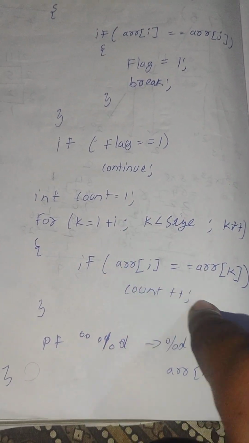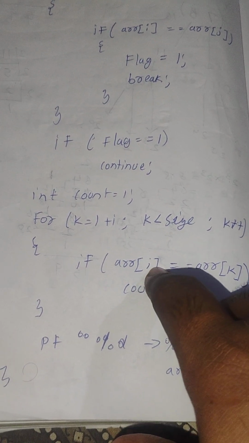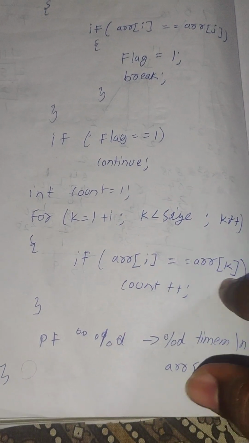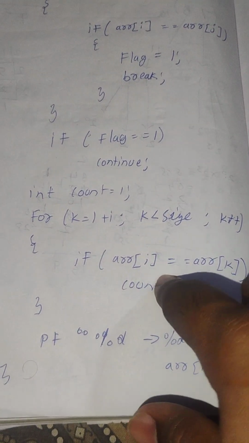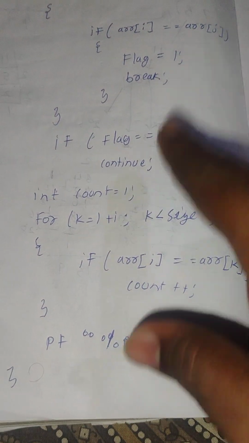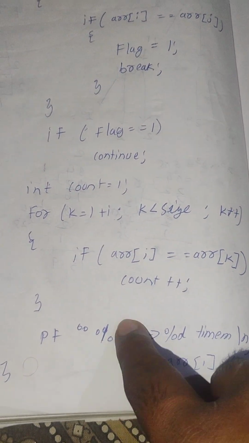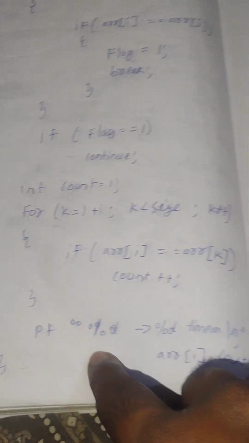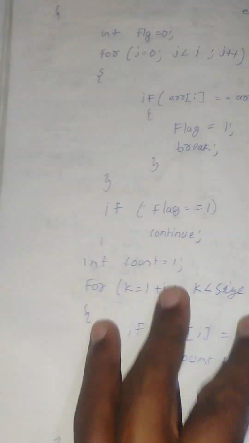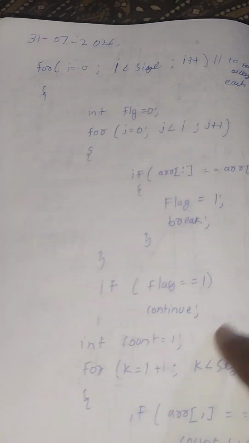If the ith value is equal to the next value, it will count; otherwise it checks the next values. If not, it will write what number it is, array of i, and how many times it exists. So likewise this loop will work.